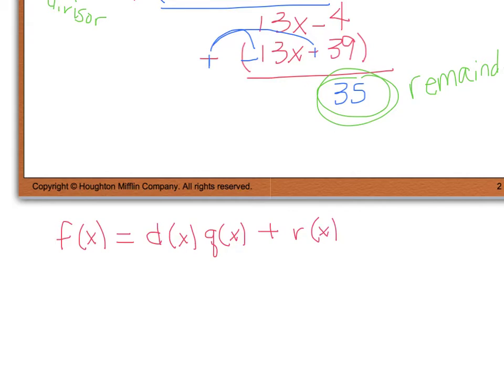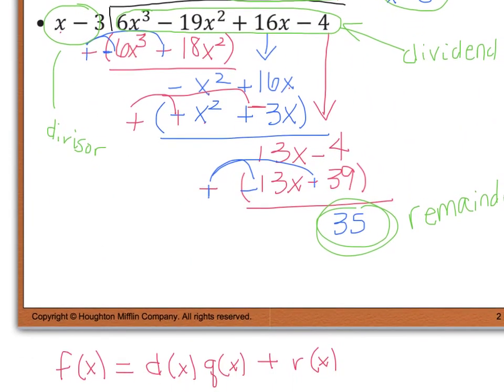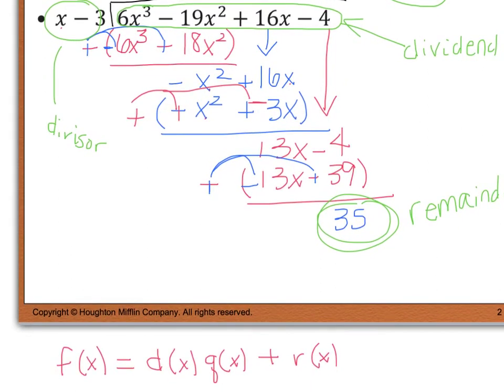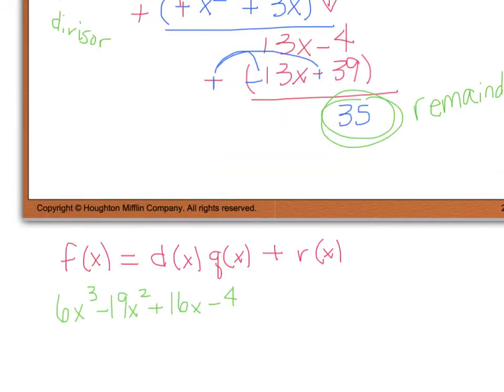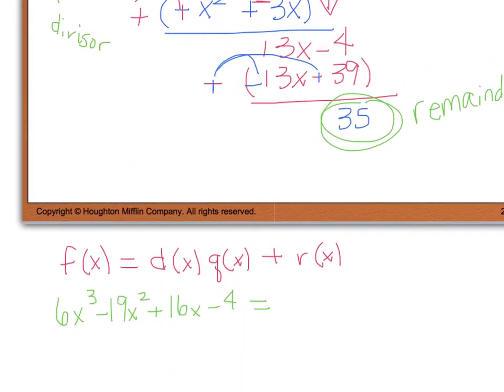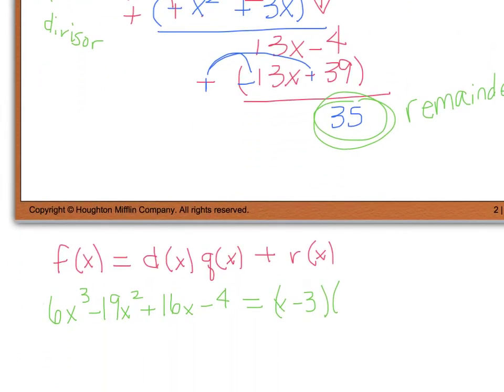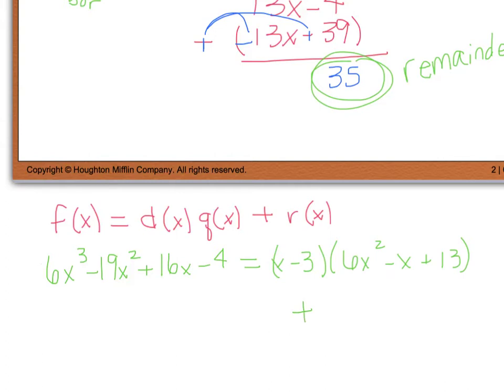So f of x, our original function, 6x cubed minus 19x squared plus 16x minus 4, is going to equal my divisor, x minus 3, times my quotient, 6x squared minus x plus 13, plus my remainder, which was 35 divided by x minus 3.